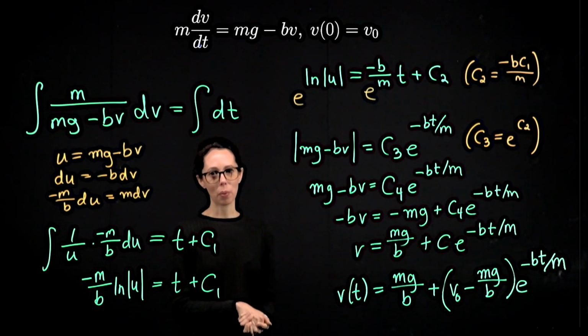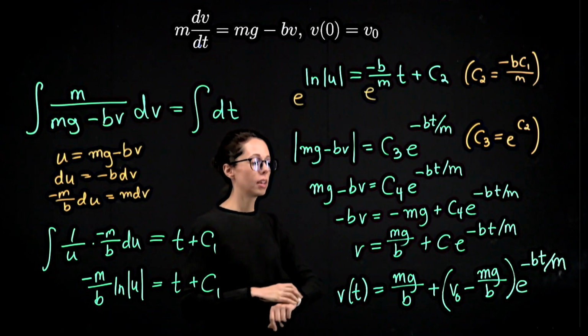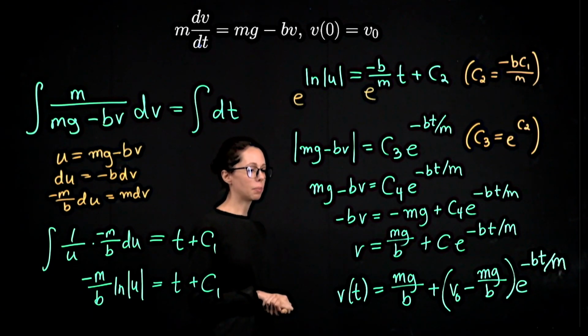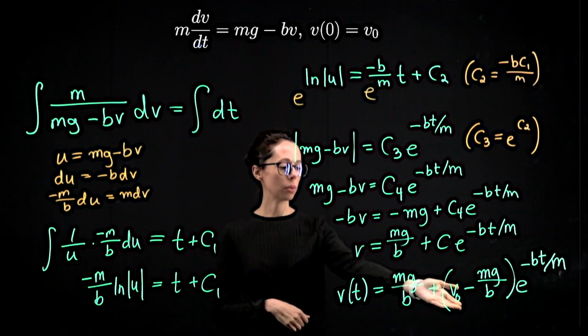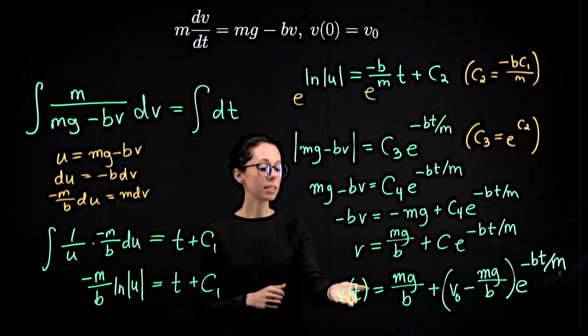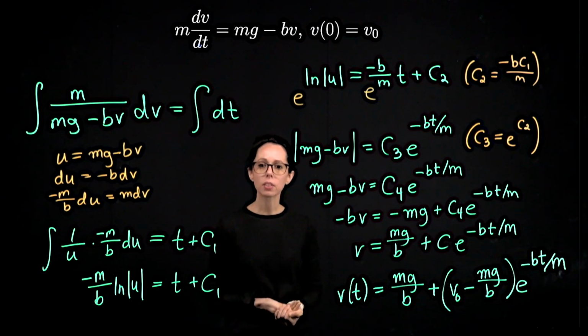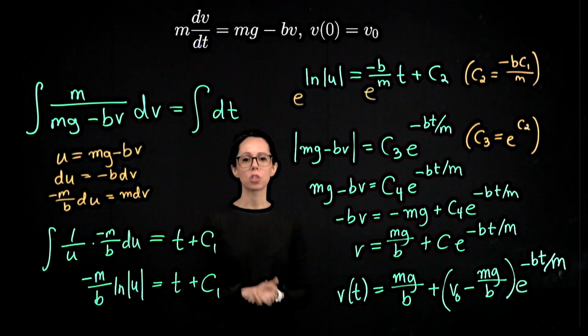And that agrees with what we saw with the slope field. This is that terminal velocity. So over time, regardless of the initial velocity, whether it's very fast or falling from rest, the velocity will tend to this terminal velocity. So we can see that from the slope field qualitatively, or here we were able to solve it explicitly.